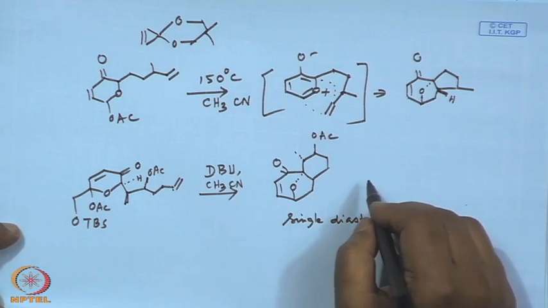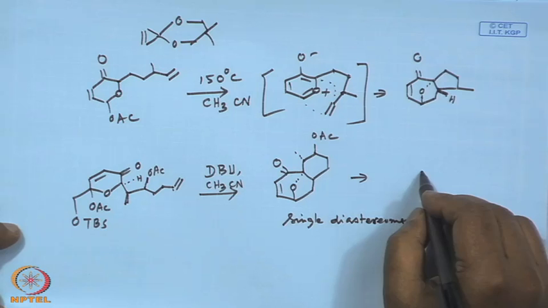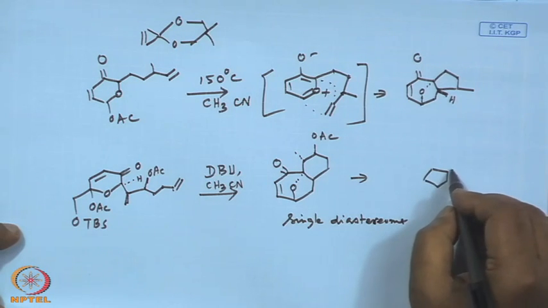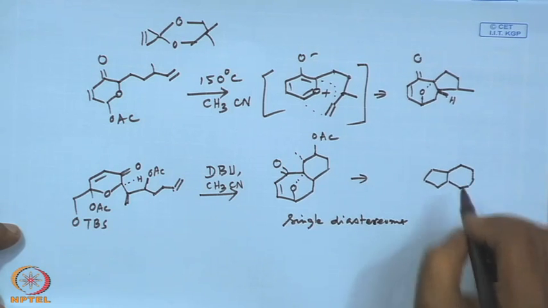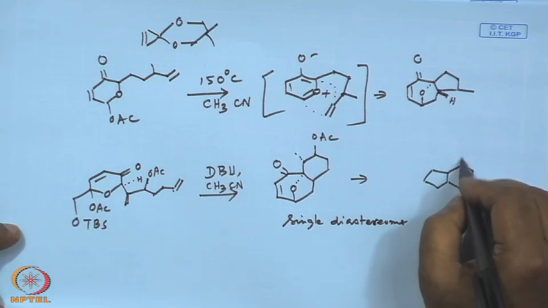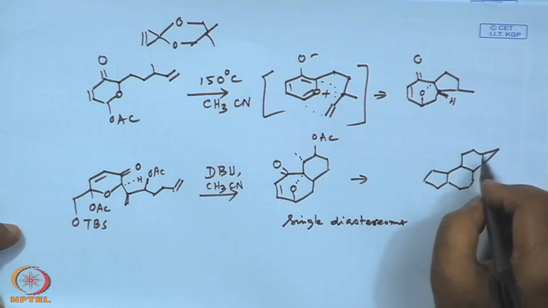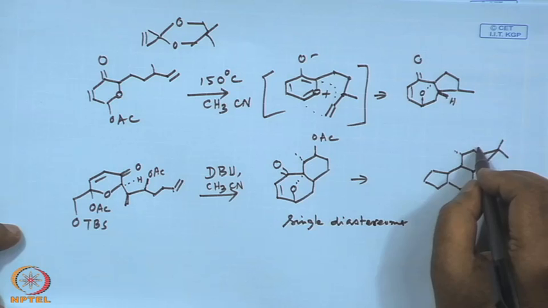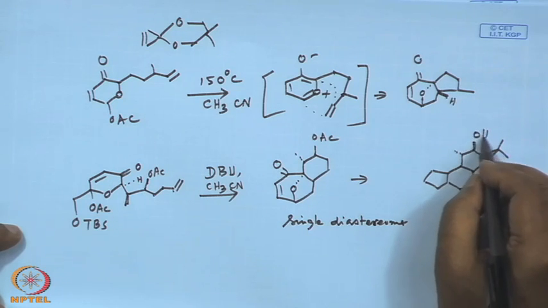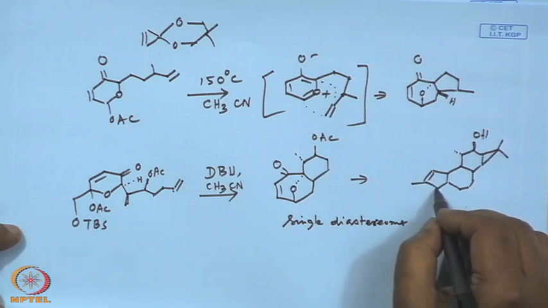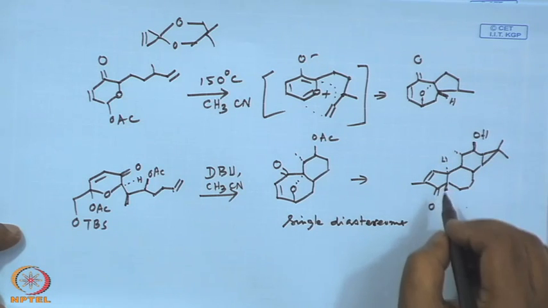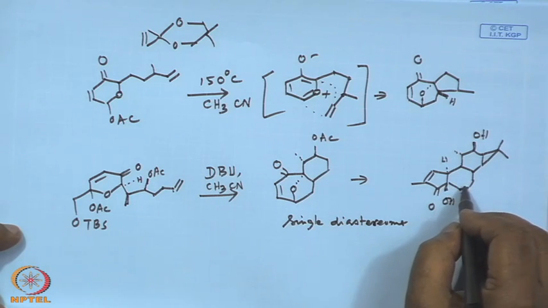And why do you make this? Because this can be converted into a 5 membered, 7 membered, then a 6 membered, and then a 3 membered ring. You do not have to write it, but just to get a feeling that this can be converted into a very complex molecule of this kind, with defined stereochemistry and so many functional groups here and there.